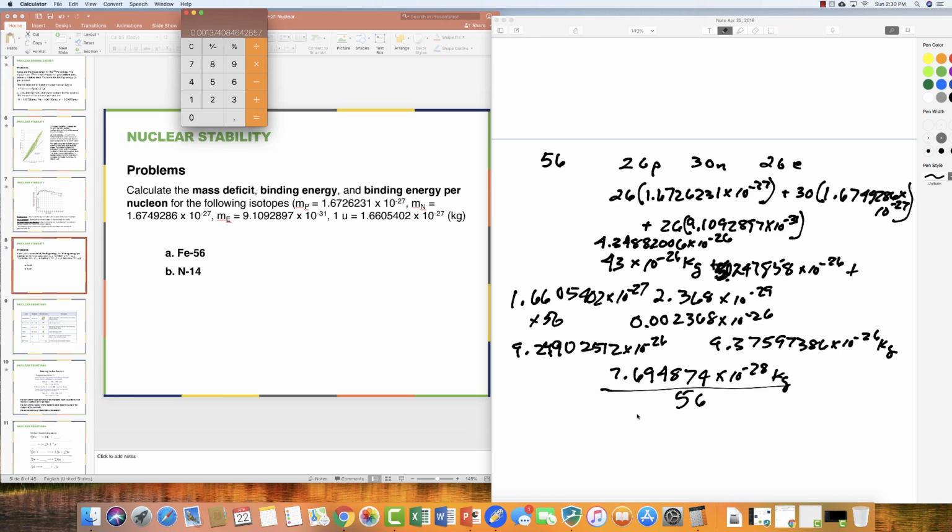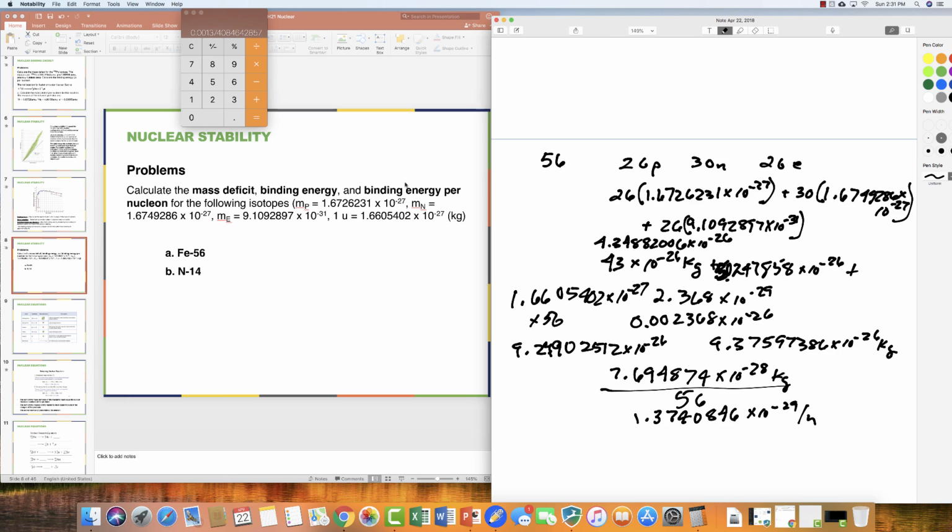When we do that division, we get 1.3740846 times 10 to the minus 29. So that's per nucleon.